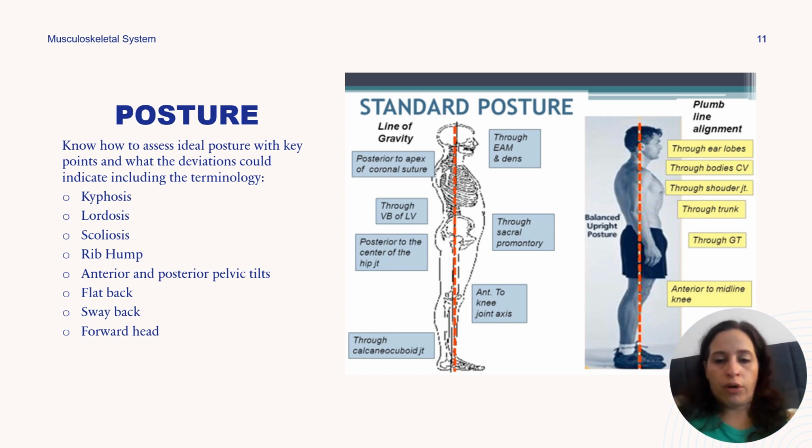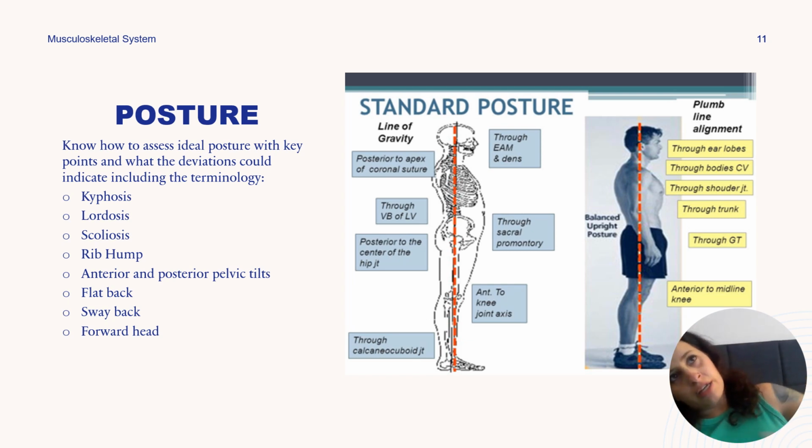If you have the concave side, it's hard to see because you can't see my whole body, but if you have the concave side to the right, thinking of my own body anatomically, then the convex side is going to be on the left, so your rib hump is going to be on the left, right?